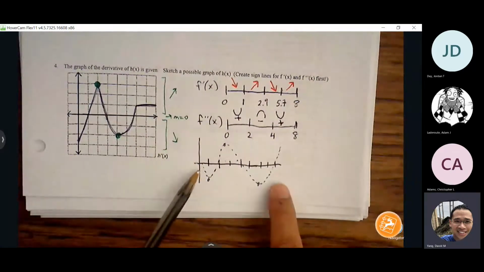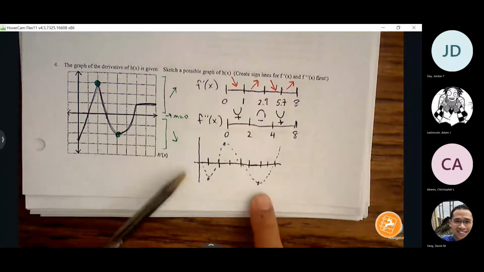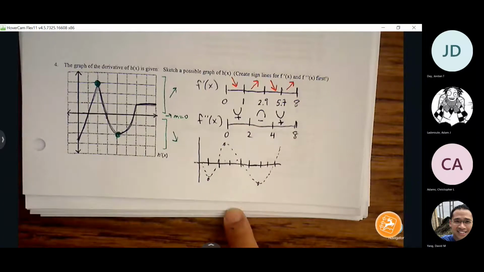Okay, so I'm just making my graph look like the shape and pattern of my arrows. Down, up, down, up.